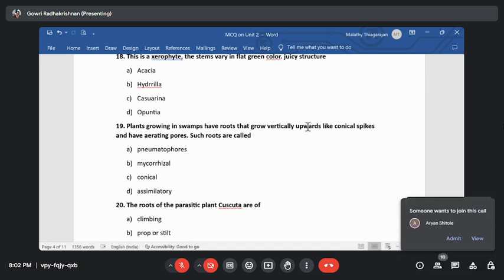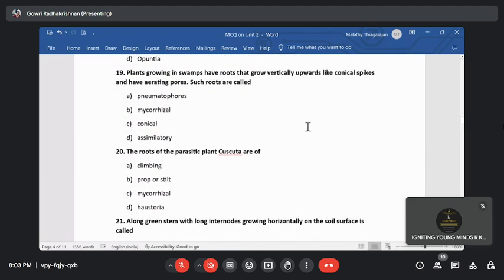That flattened green stem is called a cladode. Those are succulent and green. The thorns in that are a leaf modification again, and these modified stems allow the plant to survive in a dry environment by storing water.